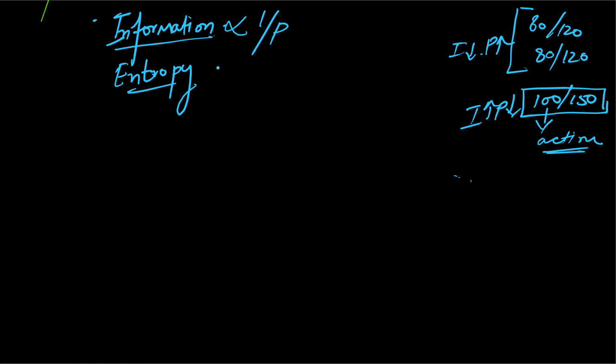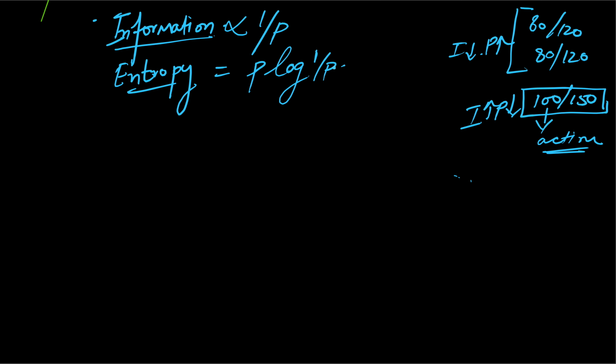So entropy can be defined as the proportion of the data multiplied by the information that it contains, or the log of information. And information was inversely proportional to 1 by p.